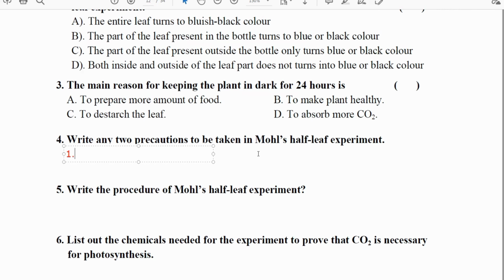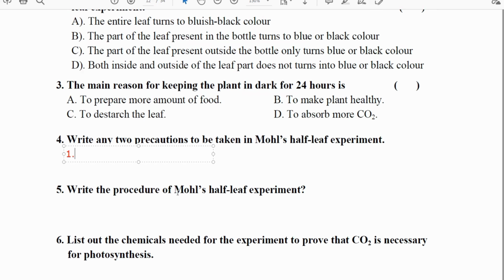You must take precautions by keeping it like this. And another precaution: before conducting the experiment, the healthy potted plant must be kept in the dark room so that the leaves are free from starch. These are the important precautions for this activity.